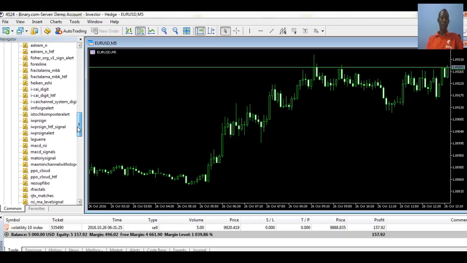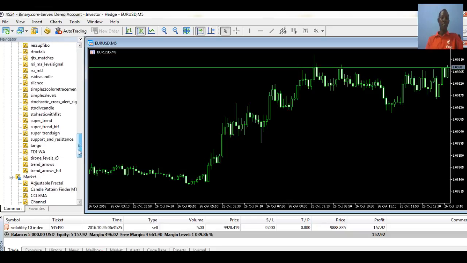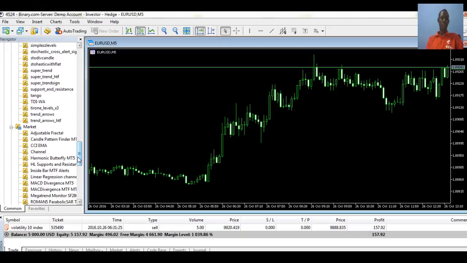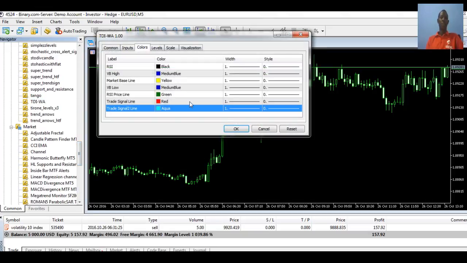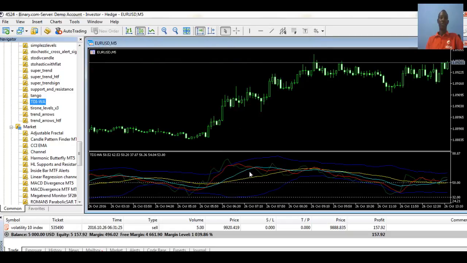I have TDI, which I personally added because I've discovered that TDI is one of the major indicators that anybody serious about trading should try as much as possible to learn how to trade with. If you can actually trade with the TDI indicator, I can assure you that you will so much love trading with it.